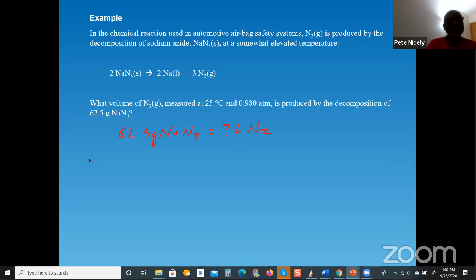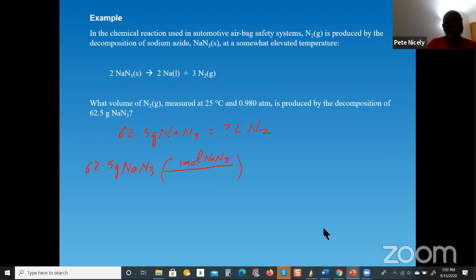So the first thing I would do is start off with the 62.5 grams of sodium azide, and I would convert it to moles. So 1 mole of NaN3 divided by the molar mass.